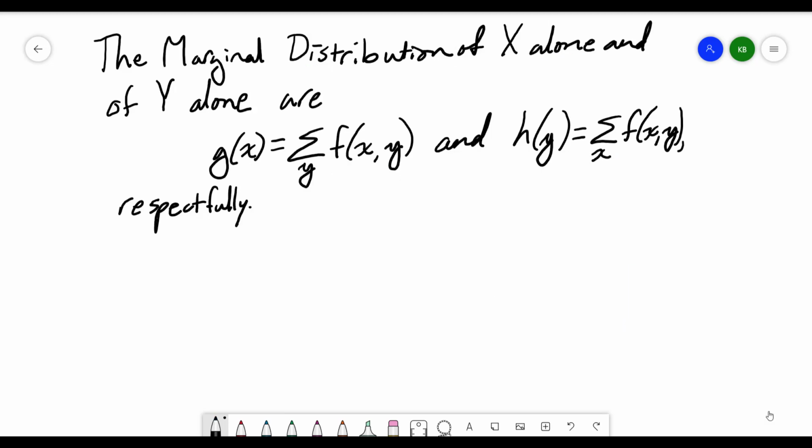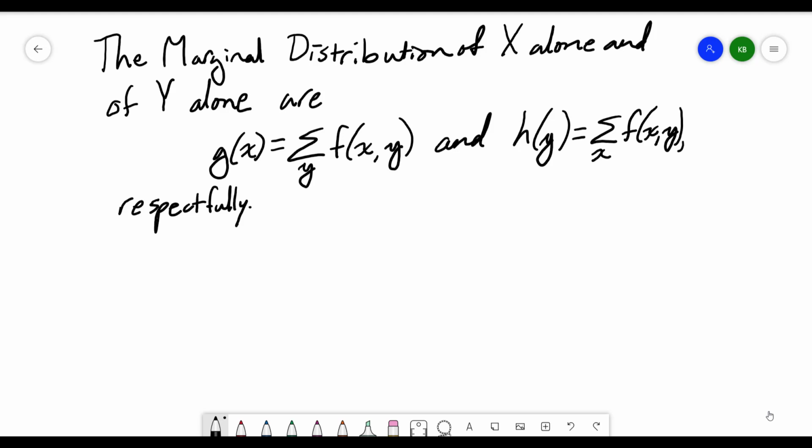Additionally, there are times when we don't care about the entire joint probability distribution, and instead we're more worried about what's called a marginal distribution. Marginal distributions take one of our random variables alone and tell us about probabilities associated with it.